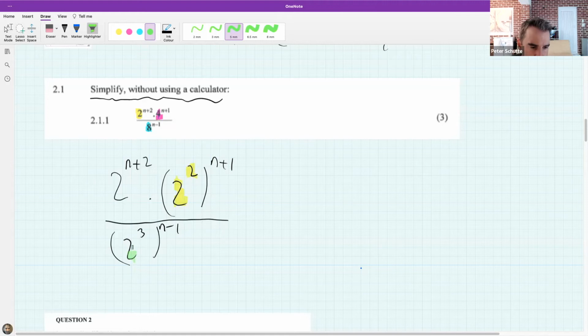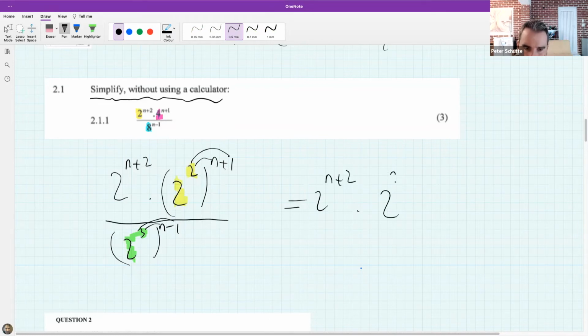And then this is my 8. So where do we go from here? This gets a lot of people: this 2 has to be applied to both of these. This 3 has to be applied to both of these. So we get... that catches a lot of students.